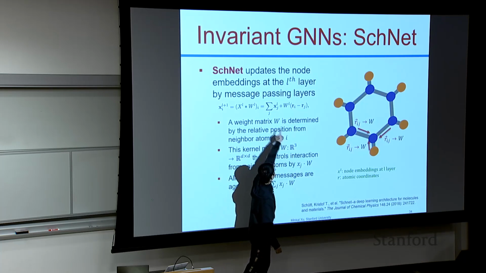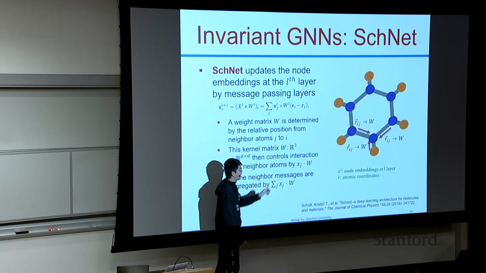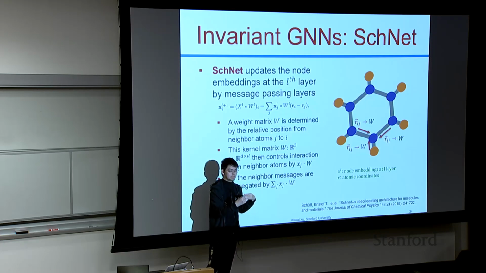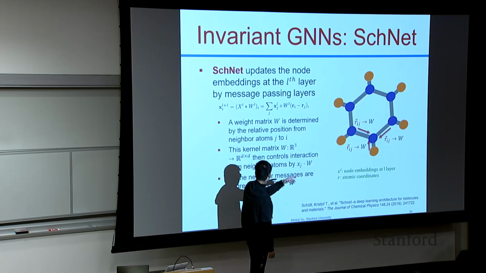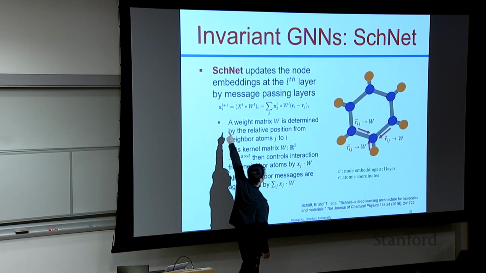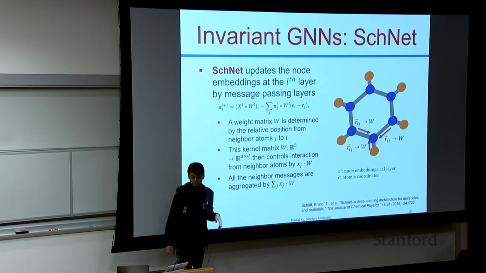Finally, all the embeddings are summed together as a simple message aggregation, and this is used for updating our current node embedding.